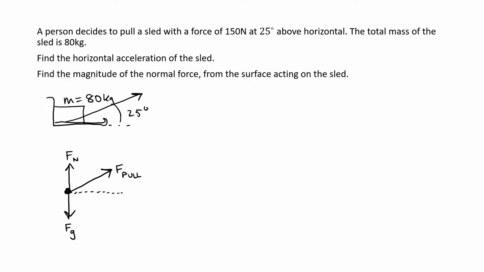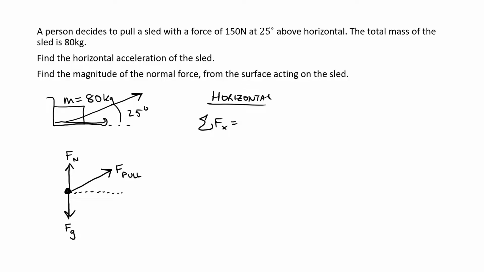All right. First one, find the horizontal acceleration. So we need to sum the horizontal forces. But what are they? There's nothing going to the left. And this one, it's going at an angle. It's not all going to the left. So what do we need to find?